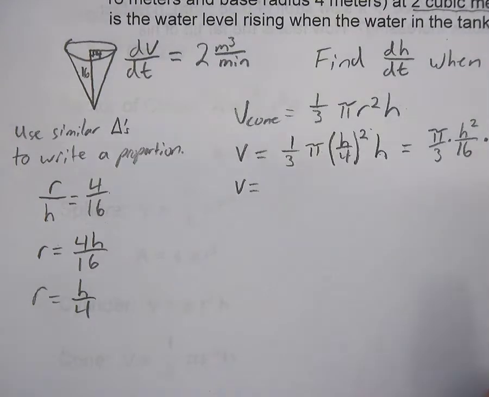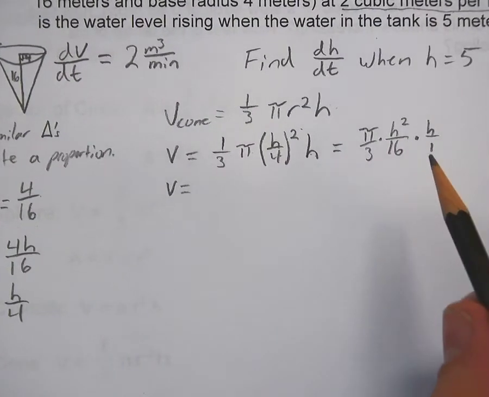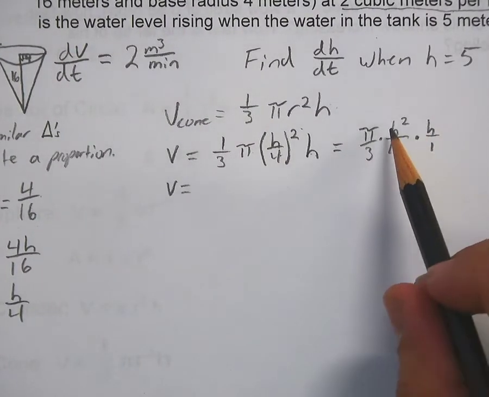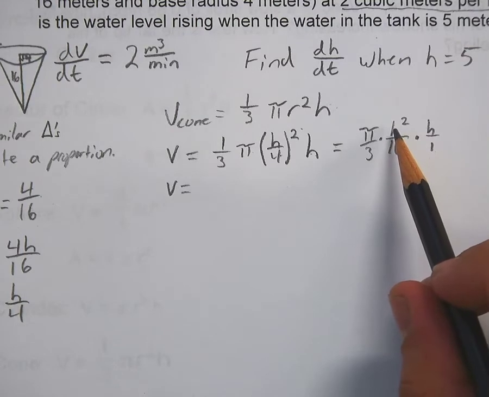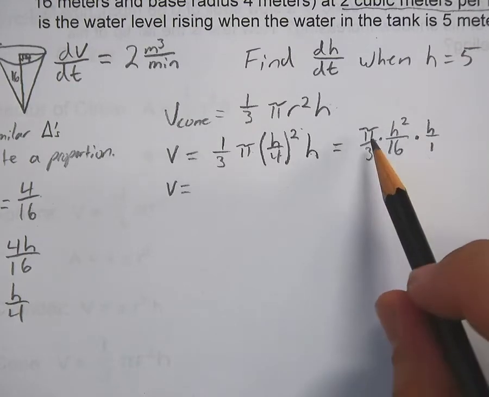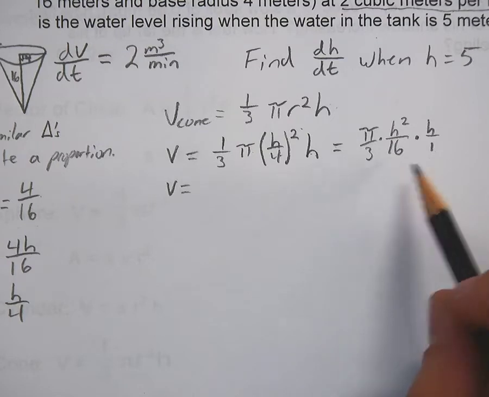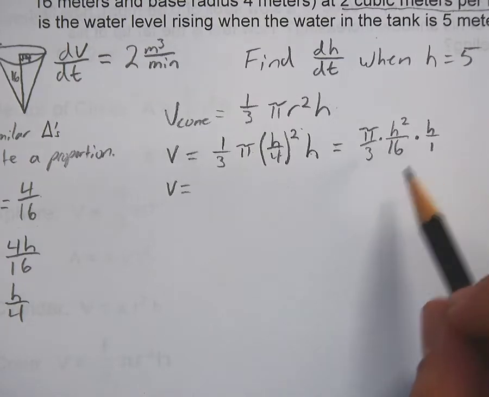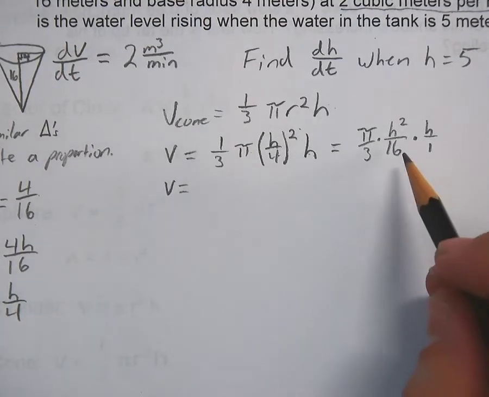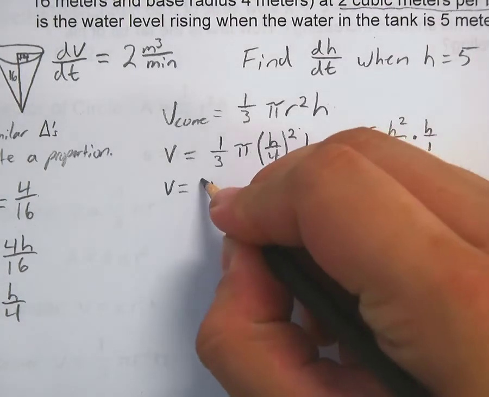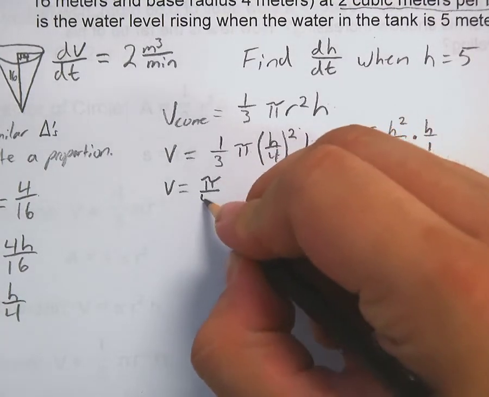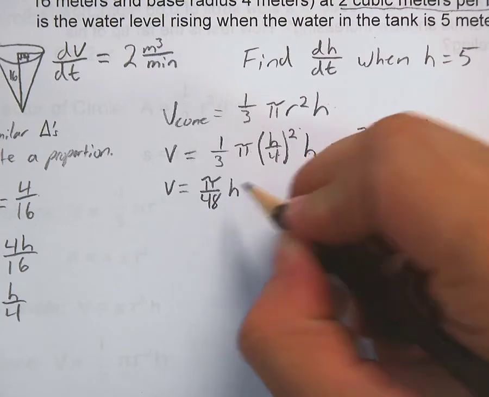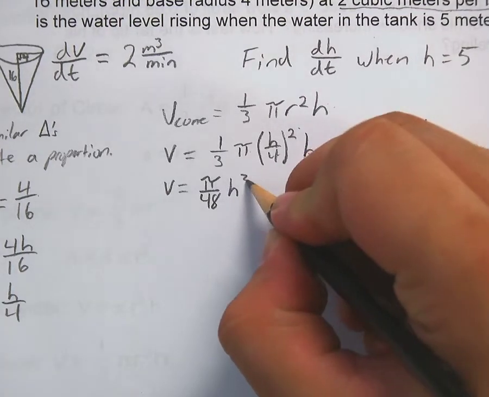H times h squared is h cubed, and then pi is going to be there. We've got 3 times 16 is 48 times 1. So this whole thing is going to simplify here to pi over 48 h to the 3rd power.